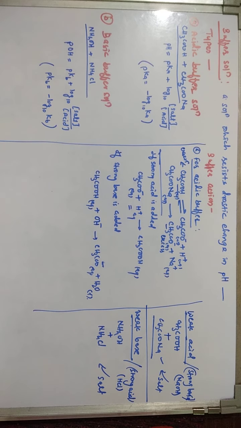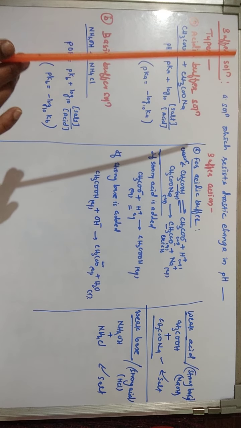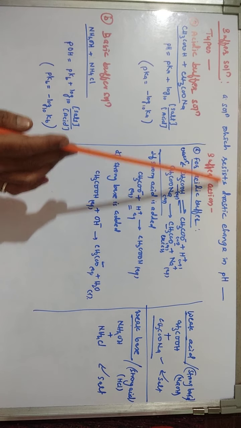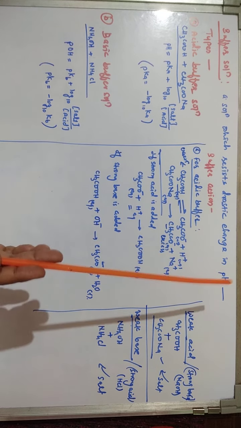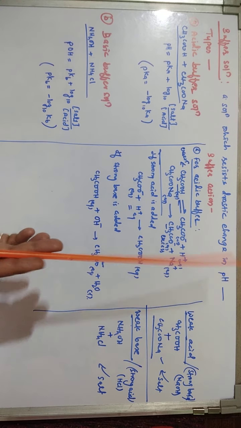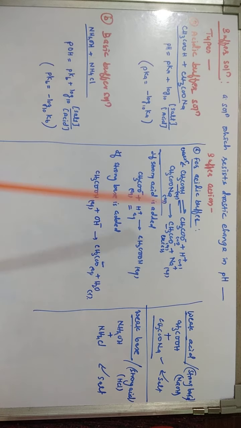Now what is a buffer solution? Buffer solution is a solution which resists the drastic change in pH even after the addition of a small amount of strong acid or strong base, or water on dilution also.